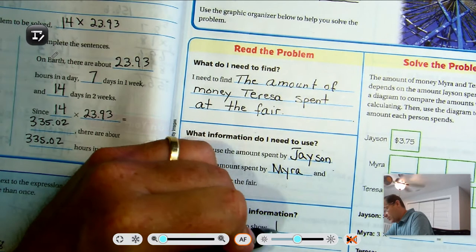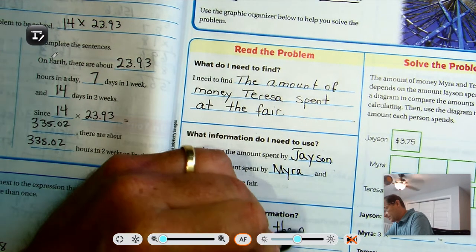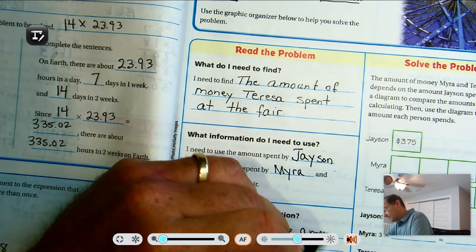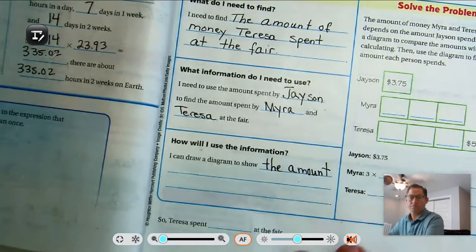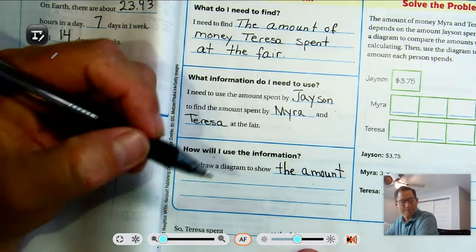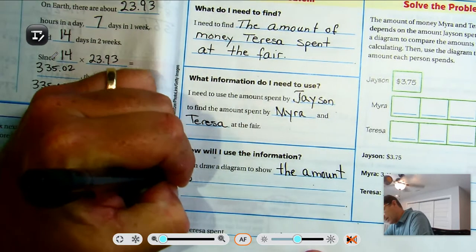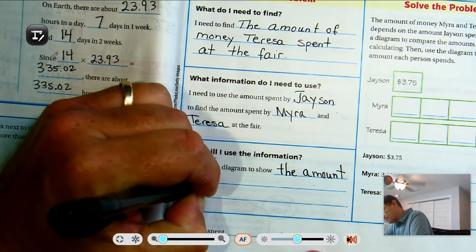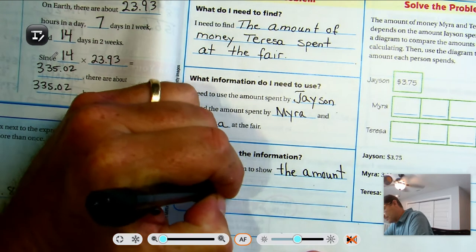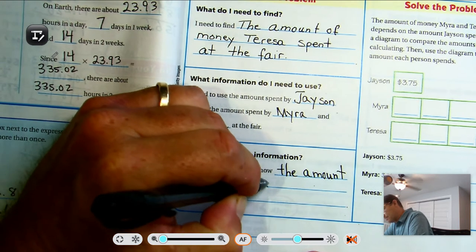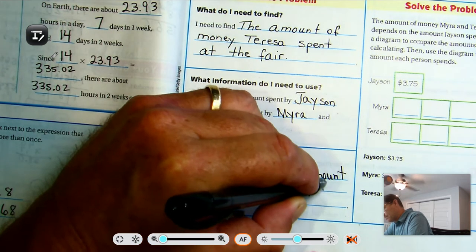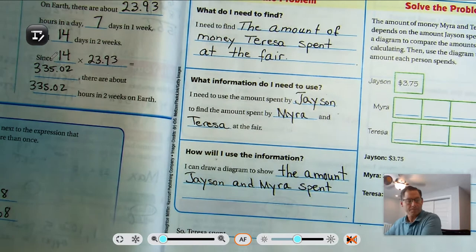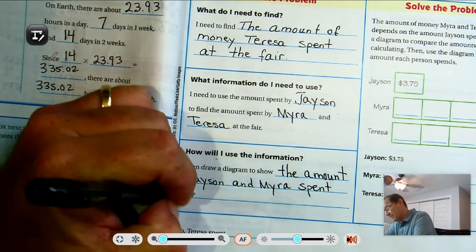We're going to draw a diagram to show the amount Jason and Myra spent, to find the amount that Teresa spent.